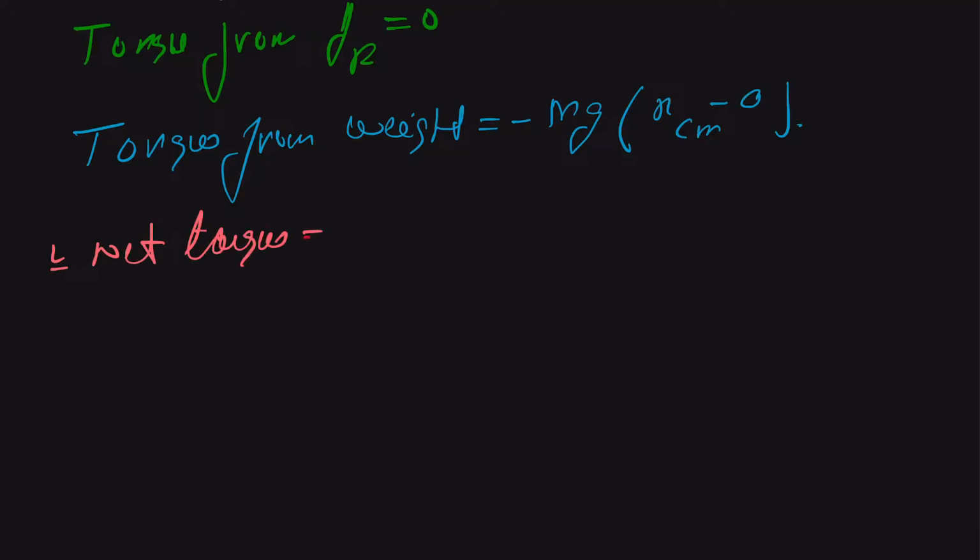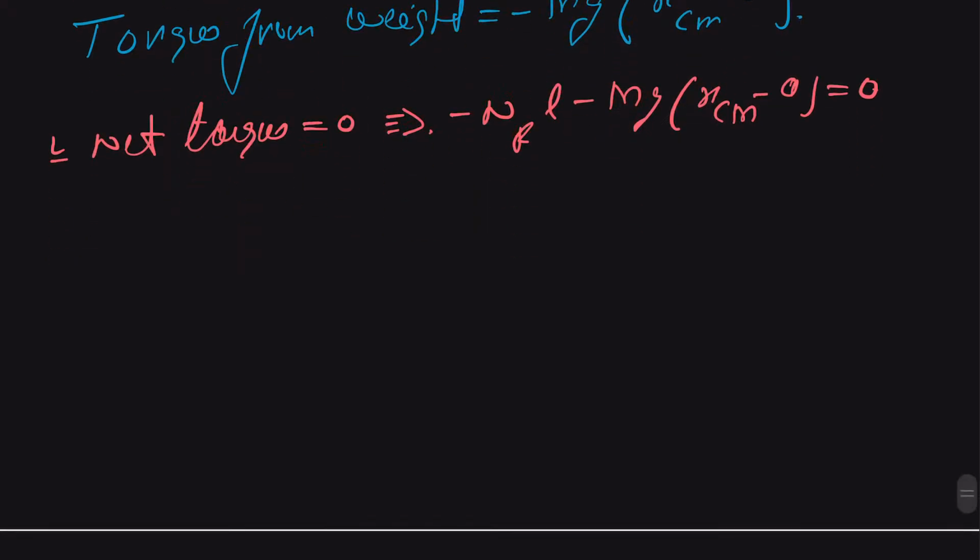Therefore minus normal at the rear multiplied by length L, minus mg times xcm minus a, is equal to 0. Therefore normal at the rear will be equal to mg, and to make it positive, a minus xcm upon L.